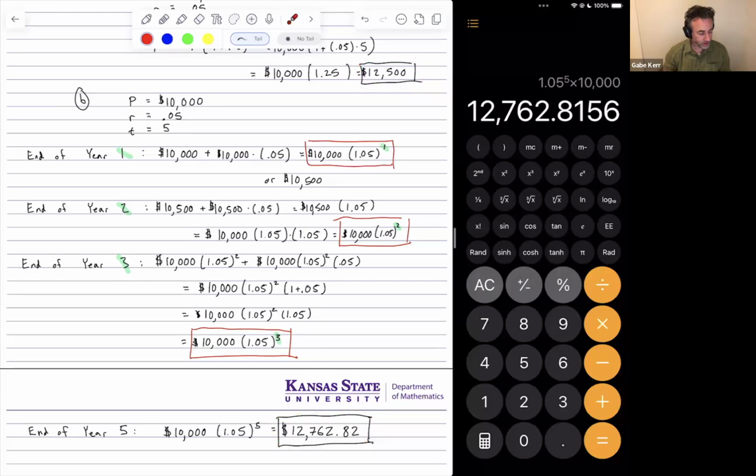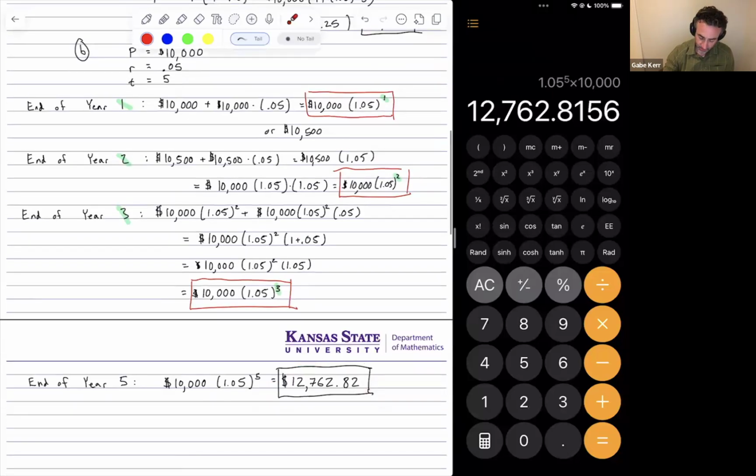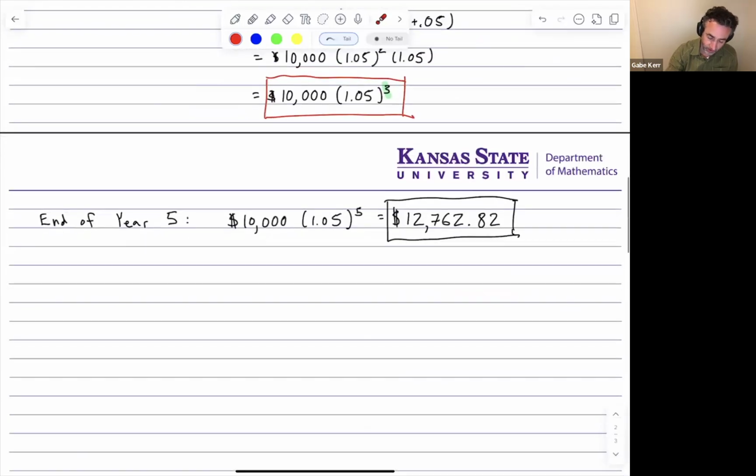Okay, great. So from this, we can write down the general formula, and that's what I want to do next, is write down the general formula for compound interest for annual compounding.